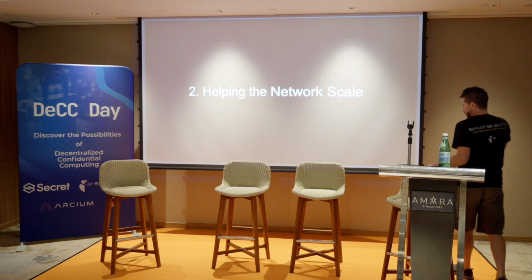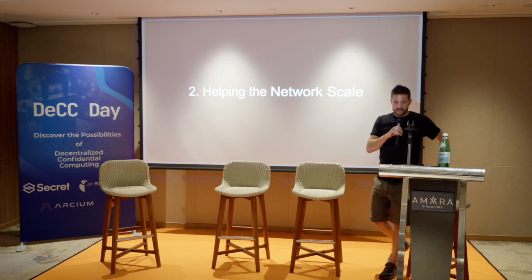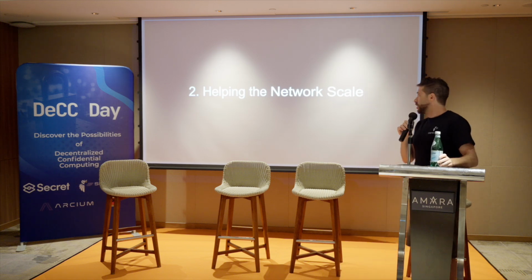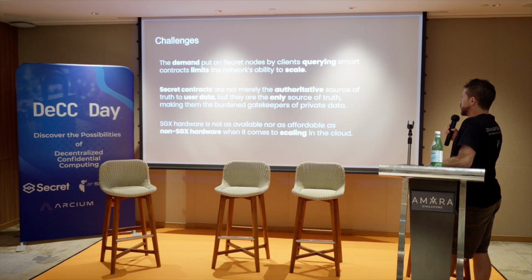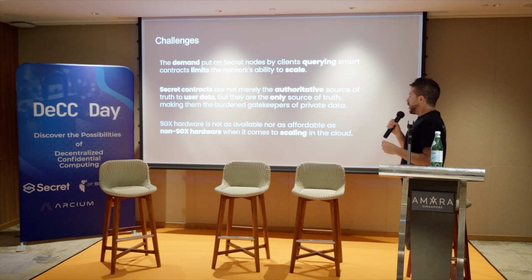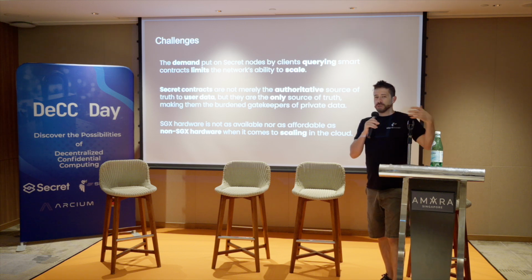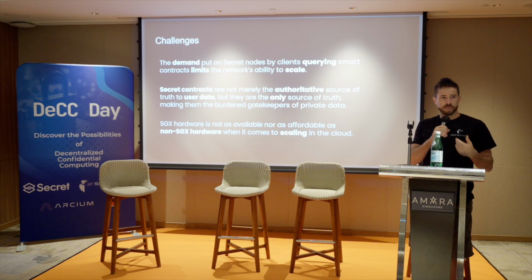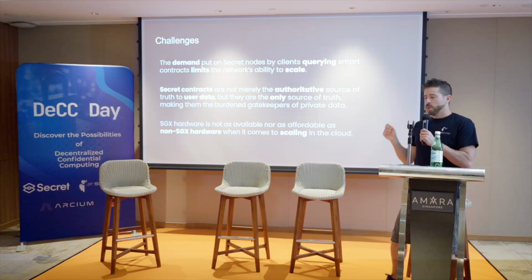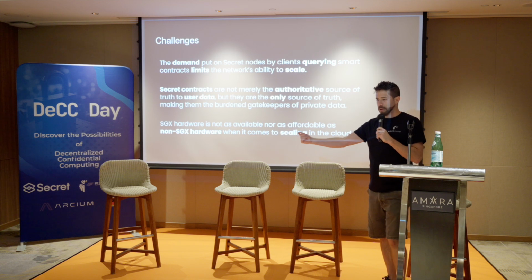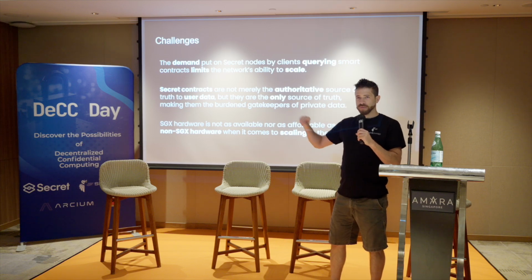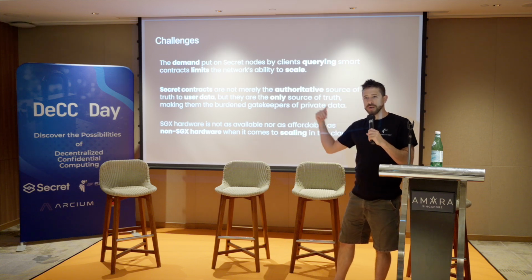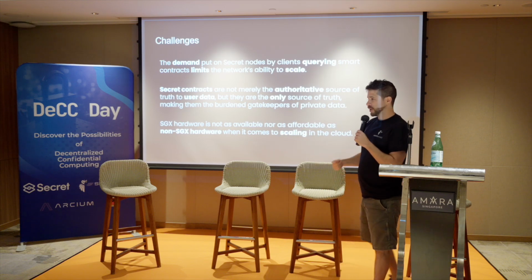All right, and so finally, probably the most relevant part of this talk for today, helping the network scale. Next slide, please. Okay, so on Secret Network, there are certain challenges when it comes to adding a bunch more users, because when you are trying to query a secret contract, say for a balance, that request has to go into a secret node where it gets encrypted, fed into the trusted execution environment, and run inside of the enclave in a light client.